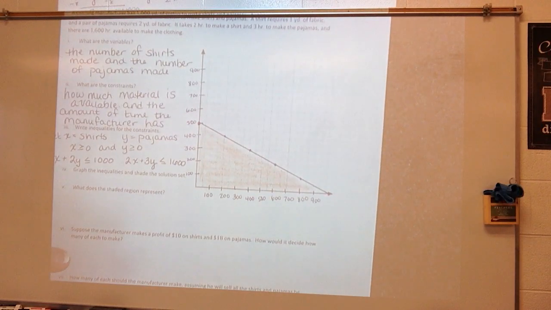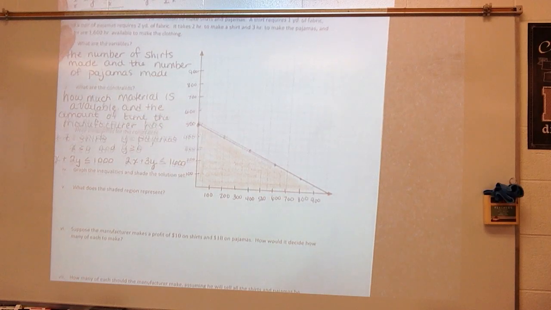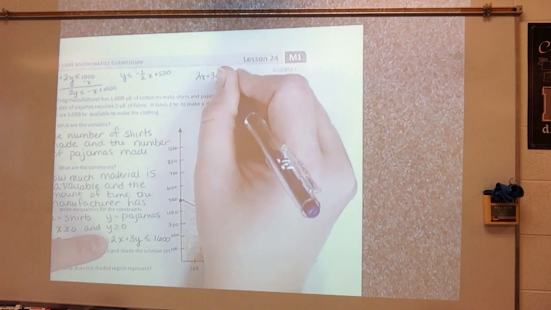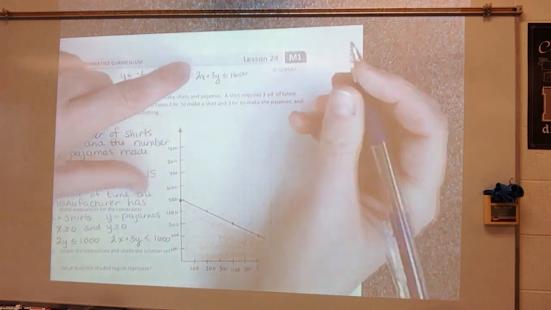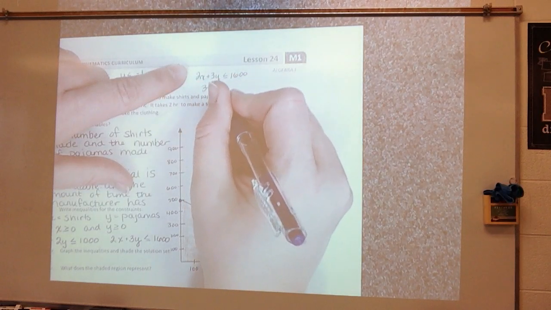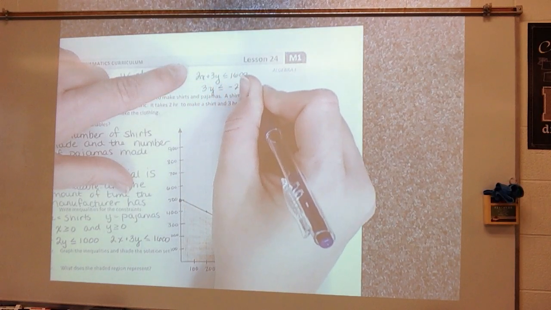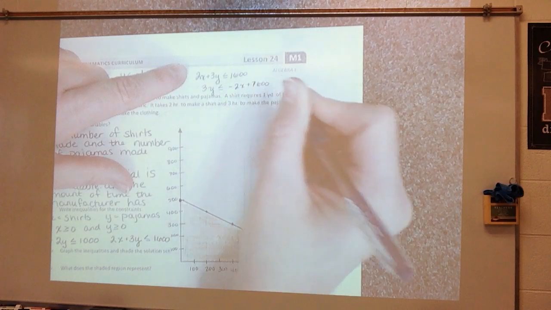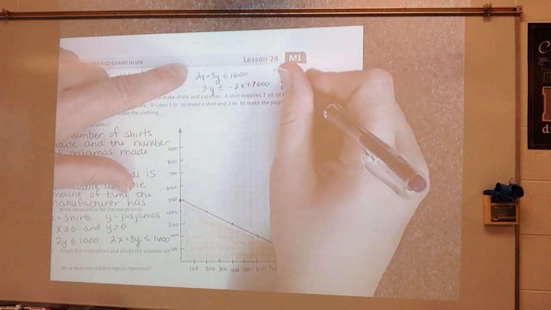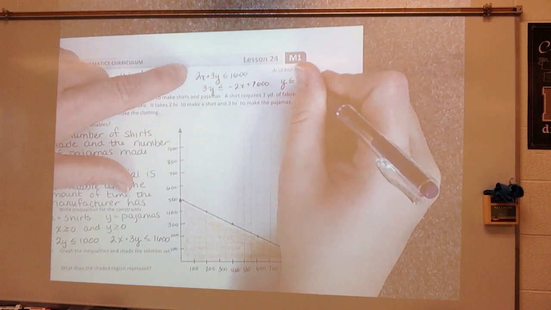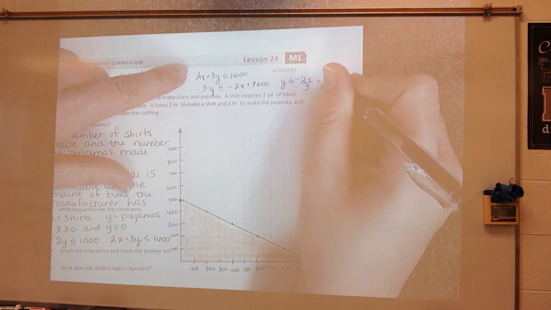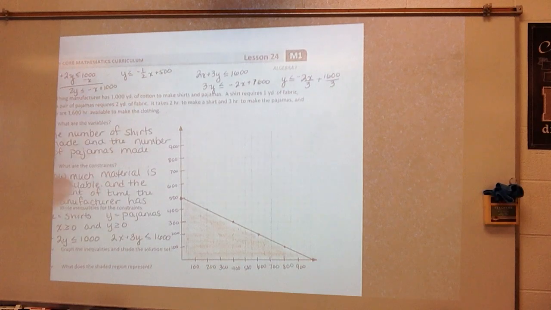Alright, now let's go ahead and do our other equation. So I get 2x plus 3y is less than or equal to 1,600. Subtract your 2x, and I get 3y is less than or equal to negative 2x plus 1,600. Alright, divide by 3, I get y is less than or equal to negative 2x over 3 plus 1,600 divided by 3.